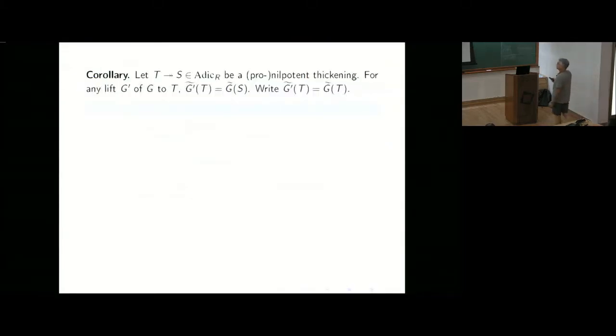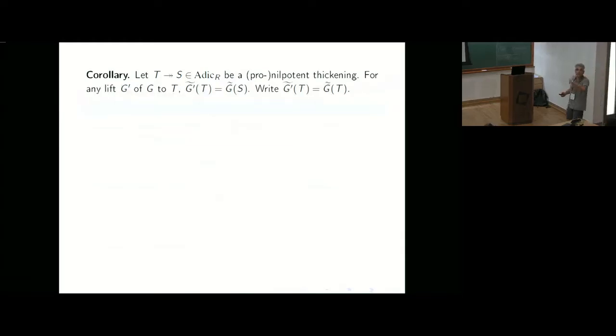And therefore, we will simply adopt the following convention that if T to S is any nilpotent or pre-nilpotent thickening, simply meaning it's a surjective map of rings whose kernel is nilpotent or topologically nilpotent, then we know by Lazard that we can always lift G to T, and there will be many lifts, but the universal coverings of them all will give the same result on T because it will be the original universal cover of G on S. So we'll simply write it by abuse of language, abuse of notation, as G tilde of T, although G tilde is not defined over T, only over S, and to make sense of it, you need to take some lift, but any lift will do, and the resulting groups will all be canonically the same.